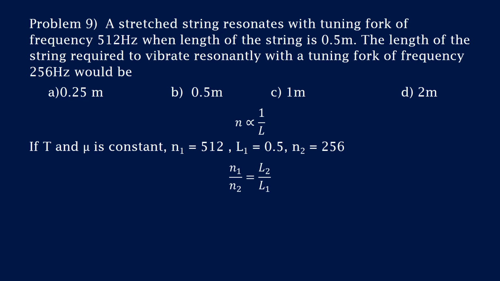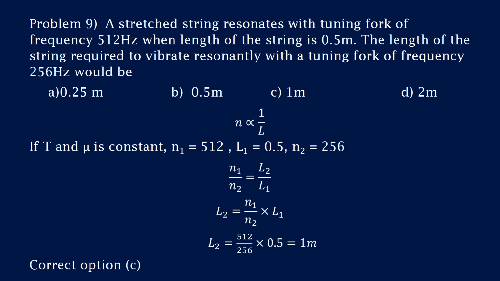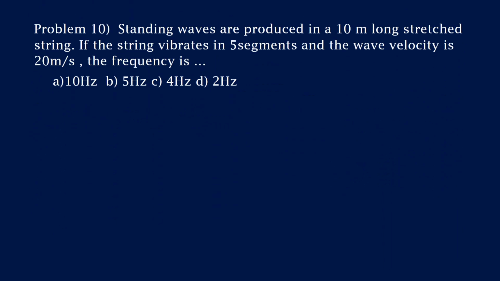Therefore, N is directly proportional to 1 upon L. Therefore, N1 upon N2 is equal to L2 upon L1. Simplifying it further, we get L2 is equal to N1 upon N2 into L1. Substituting the values of N1 as 512, L1 is equal to 0.5 and N2 is equal to 256. And simplifying it further, we get L2 is equal to 1.